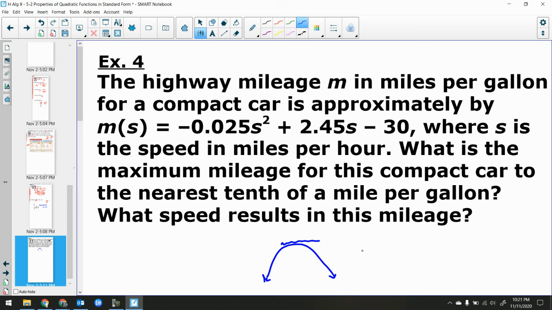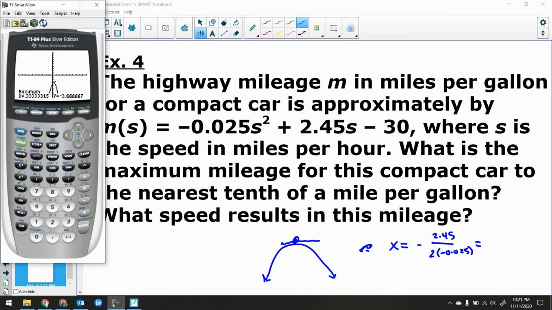Well, to do so, I want to find the maximum point. I want to figure out what that point actually is. Well, that's negative b over 2a. So x equals negative b over 2 times a. Okay, let's find out what it is.